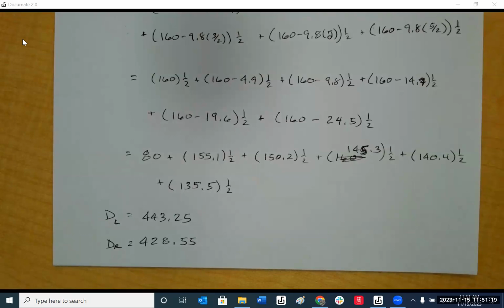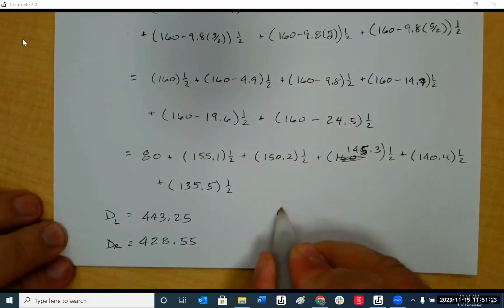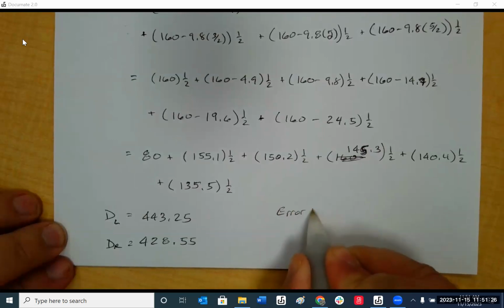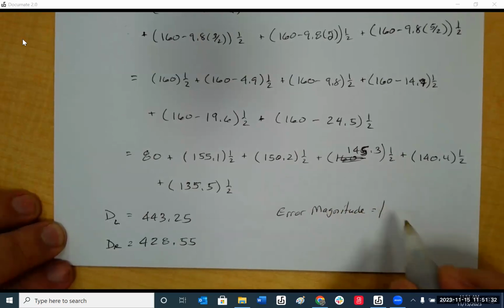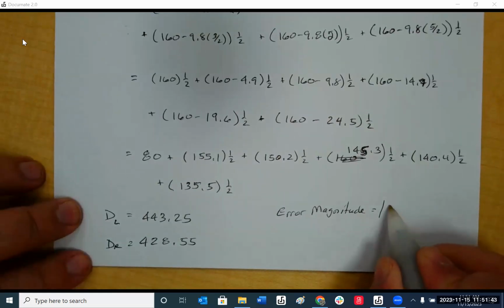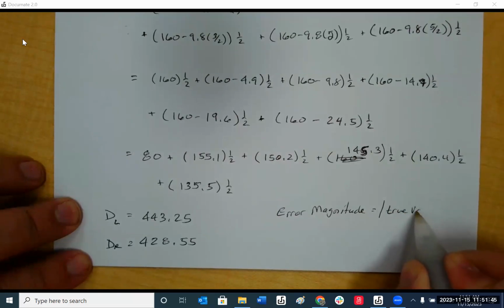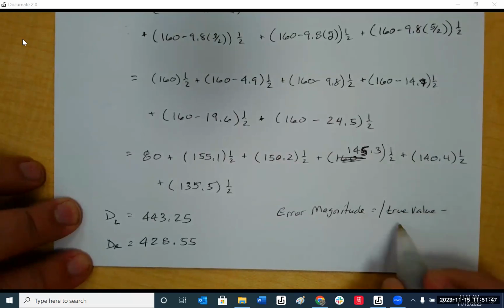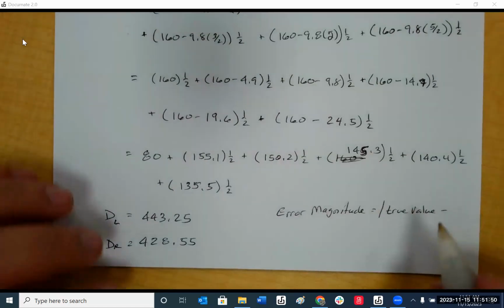Once we find the actual value itself, we can find the error magnitude. That's how much the error is. It's the absolute value of the true value minus the approximate, or what we calculated.